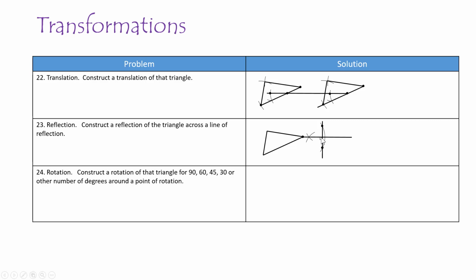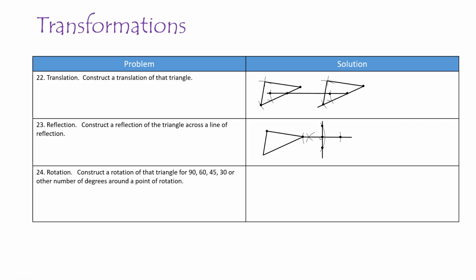Then what we have to do is make sure that the vertex over here is the same distance from the line of reflection. So we measure that distance, and then we go to the other side and mark that same distance on the other side, and that's where the vertex is. Now we do the same technique for the other two vertices, right?